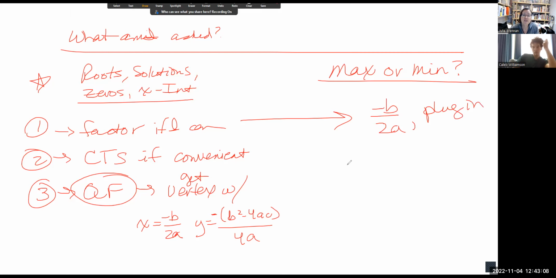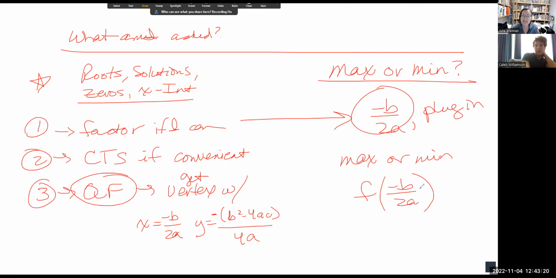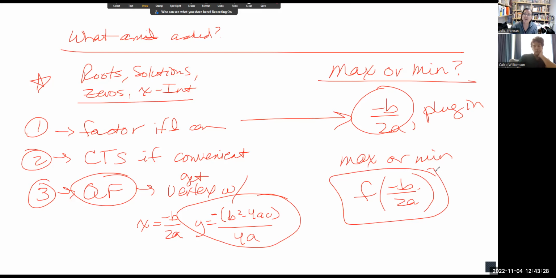It's the max or the min. Another way to look at this is that it's going to equal the f of negative b over 2a. Does that make sense? You find this and plug it into the function, or you could use this little formula. But this is kind of the gold standard to know.